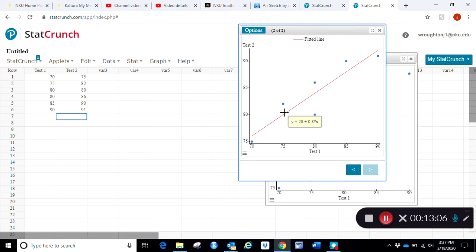But it's not smart enough to put that hat automatically on top of y for us. So it just writes it as an equation of a regular line instead of our regression line where we know it's a predicted value. You can also hover over the points here to see what the actual values of x and y are.